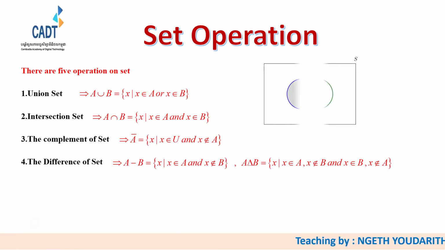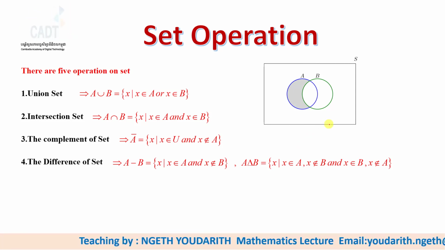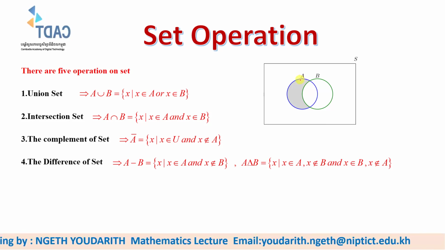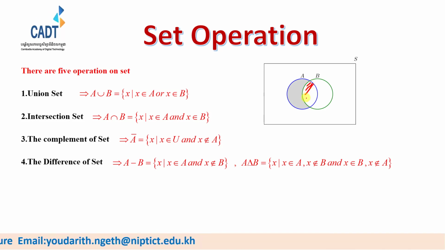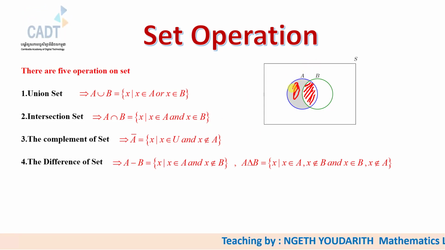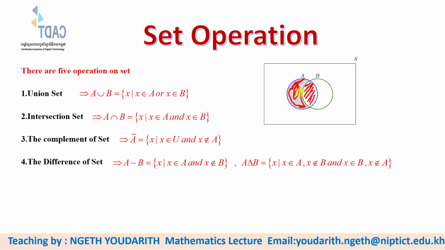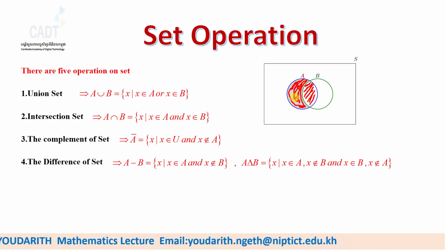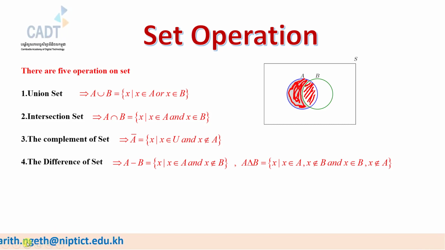And this is A different B. A different B means that they take only the elements of A that are not elements of B. In here is B and the A intersection. So it only belongs to A. It means that just only the one set. Like black, this is A different B.